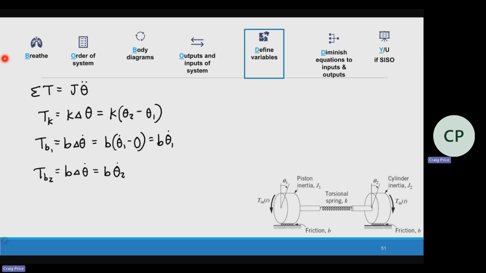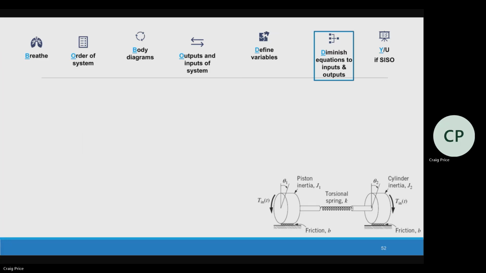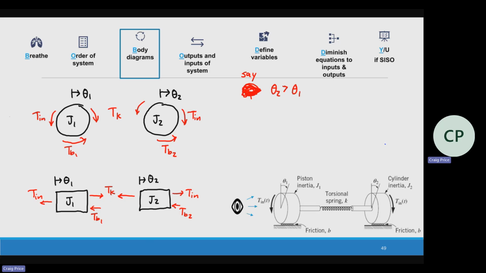Okay, we're almost there. Now let's put it together. I'm going to take all that information that I have. I think I got everything. And we're going to create two equations. So let's start with J1. We're going to do sum of torques equals J1 theta 1 double dot. Do not forget, especially because now I've got two thetas, that this is for J1 and this is for theta 1 double dot. So I'm going back to my free body diagram and looking at all the torques.